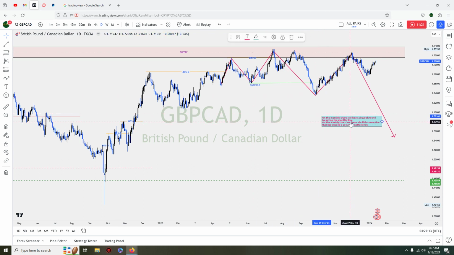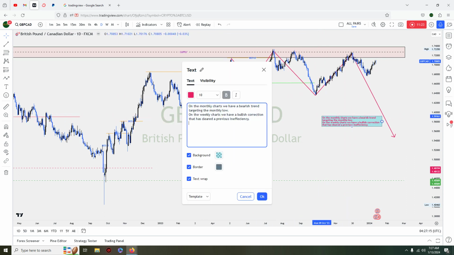So let's see. Let us now update on the daily. We have a change of character, indicating a trend reversal.